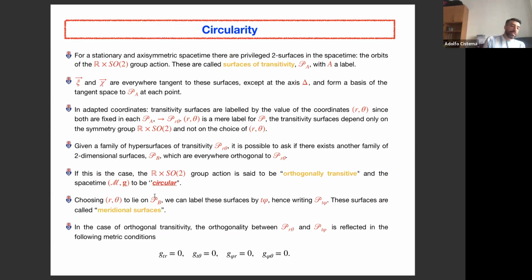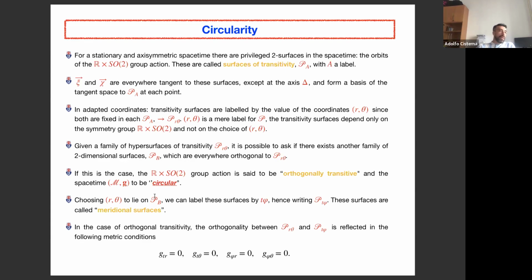And there is a nice subsector of these spacetimes, called circular spacetimes, that allows us to simplify much more the line element of something that rotates and does not depend on time, okay? Fortunately, in GR, with very useful types of fluids and with Maxwell fields that also follow stationarity and axisymmetry, all solutions are circular.